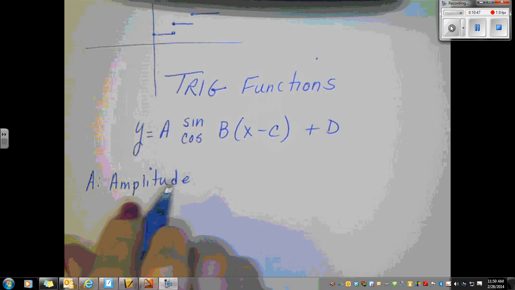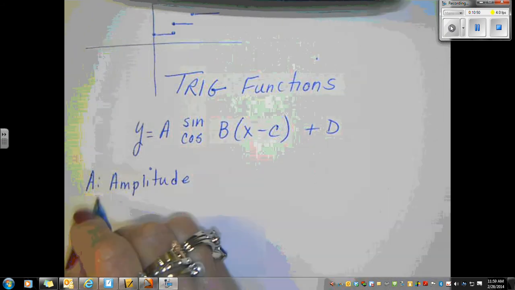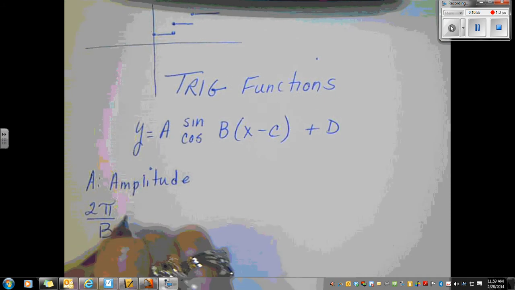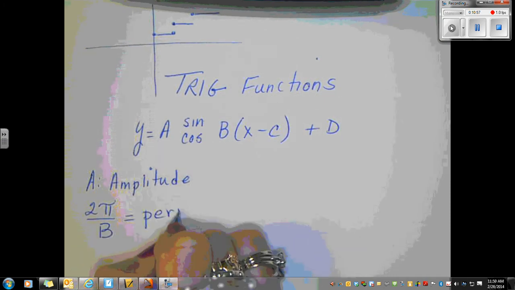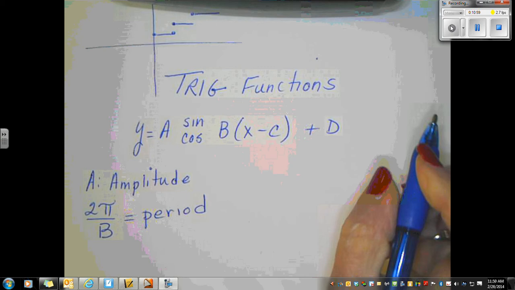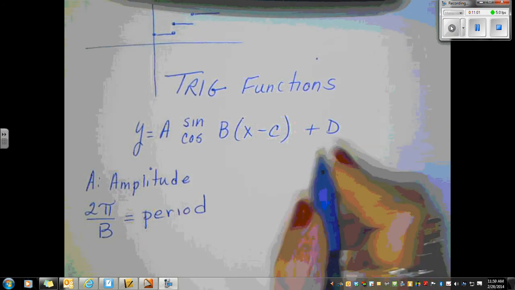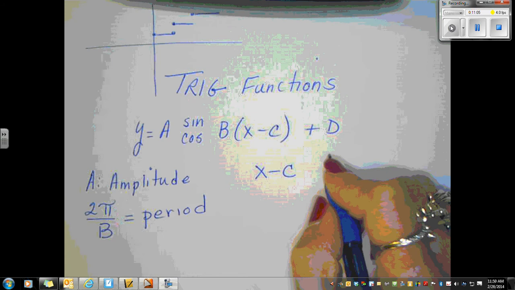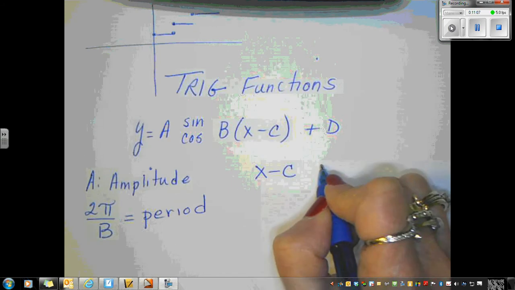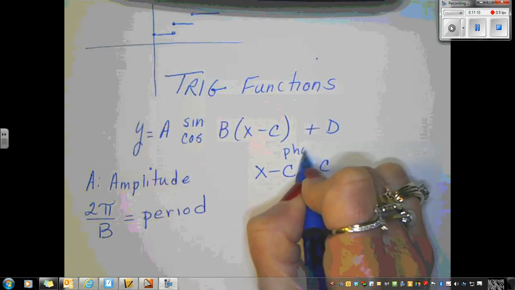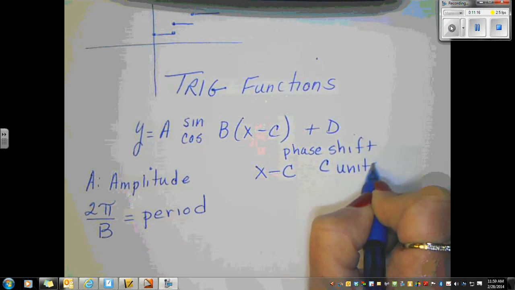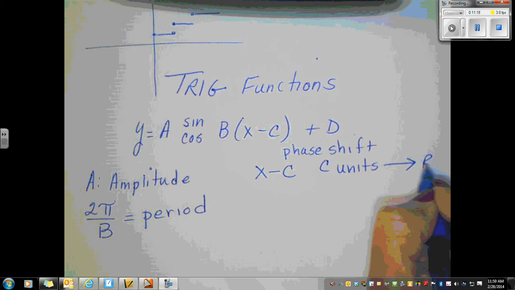What does B help me do? 2 pi divided by B equals the period. X minus C, C is the phase shift, and it's C units right.